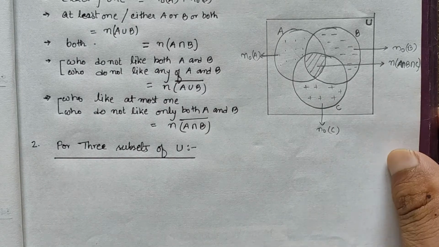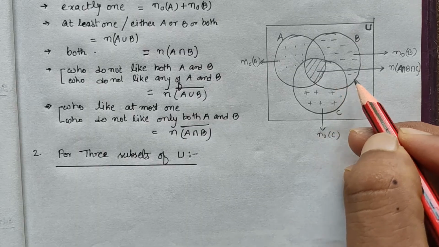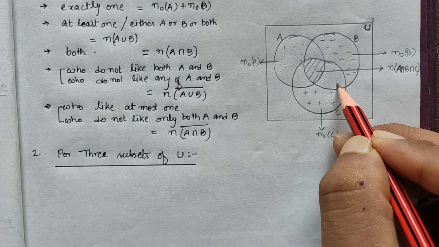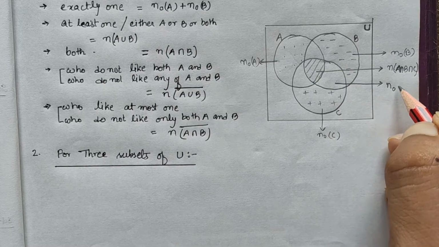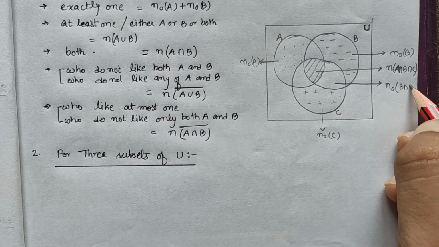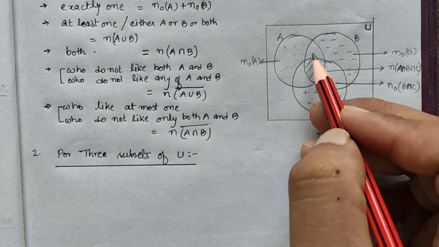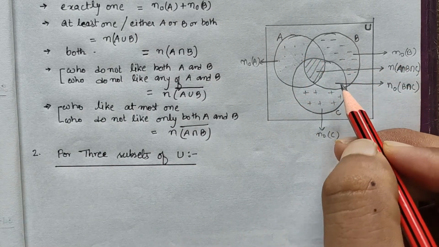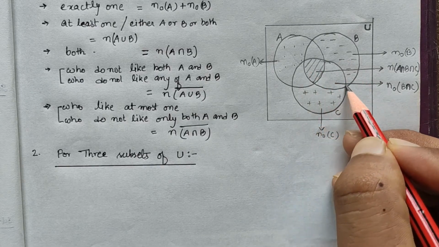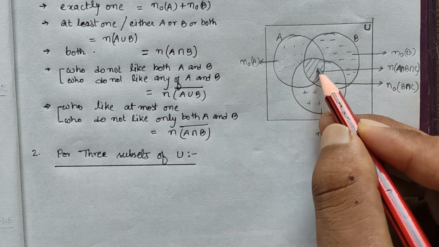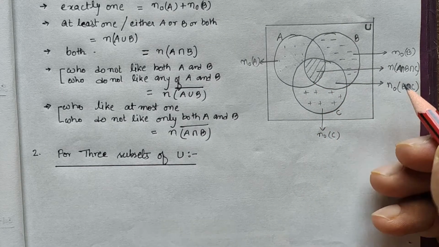And this empty part here is only B intersection C part. Don't be confused here, this whole represents A intersection B. When we subtract this part from there, then it remains only B intersection C.